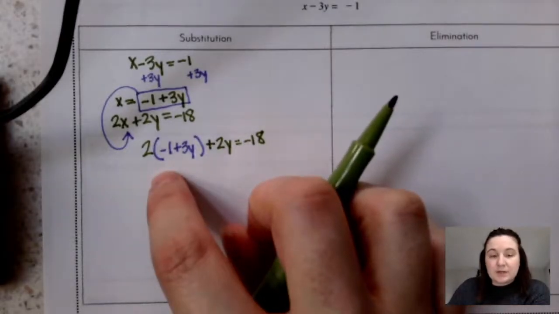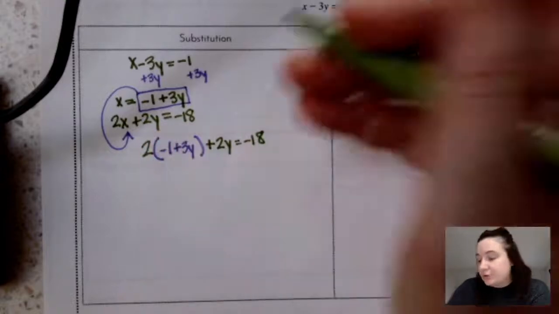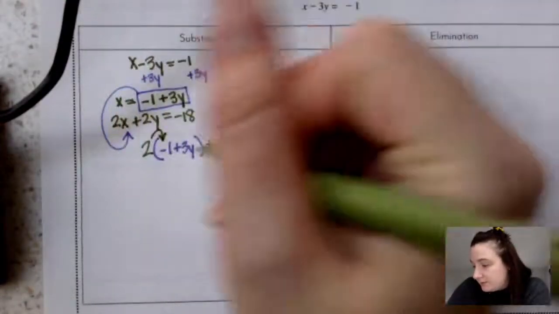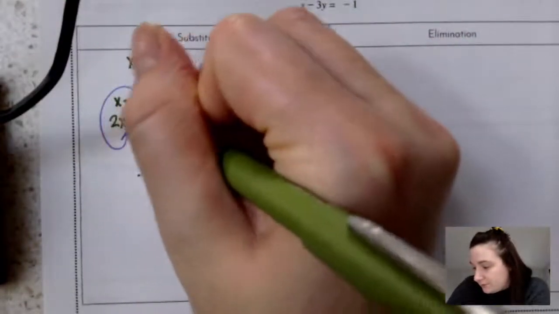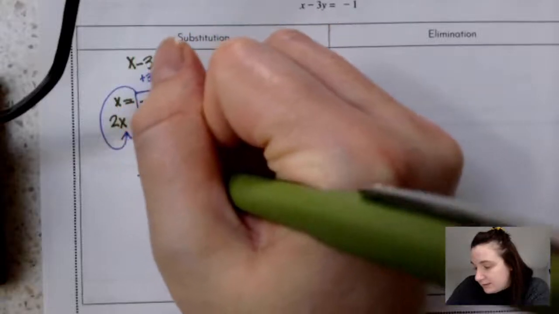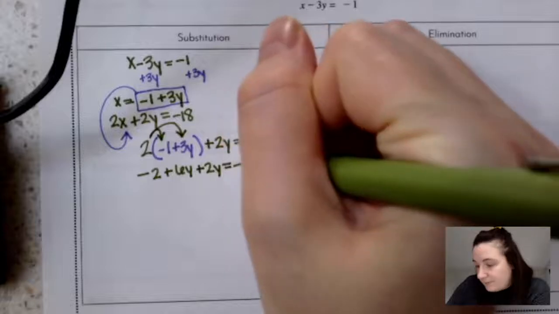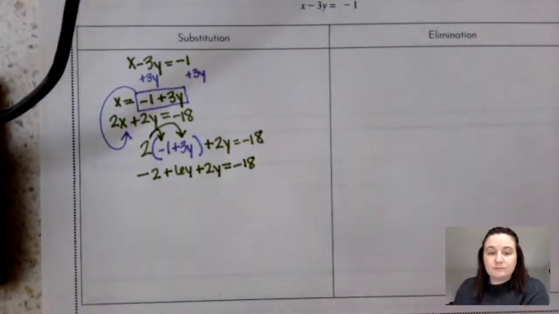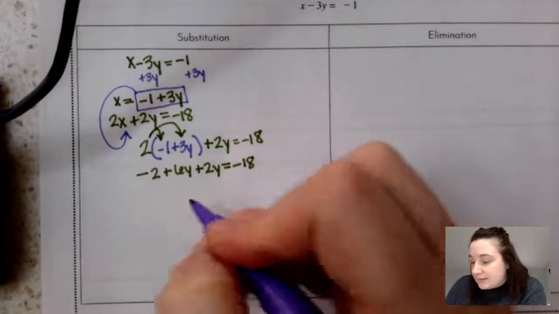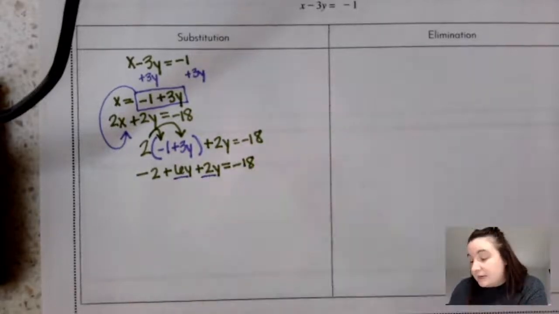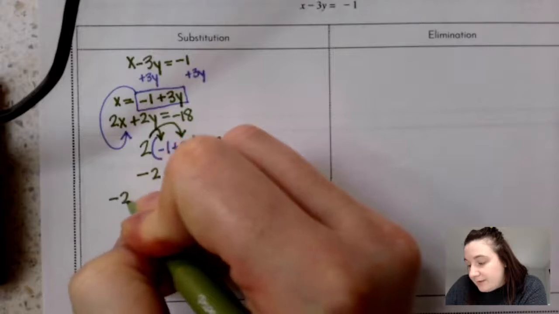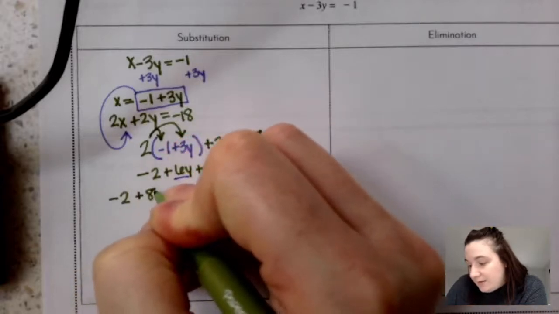Now I want to start simplifying this, and so I want to distribute and multiply. So I get negative 2 plus 6y, and then the rest stays the same. Now I notice that I have like terms on the same side, so I can just combine them to be 8y.